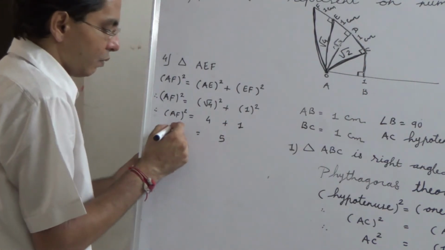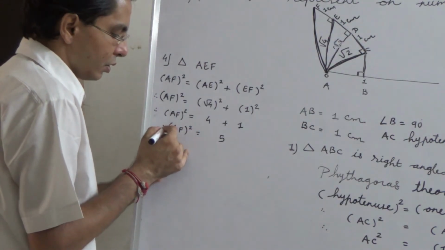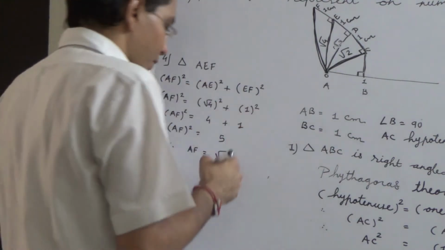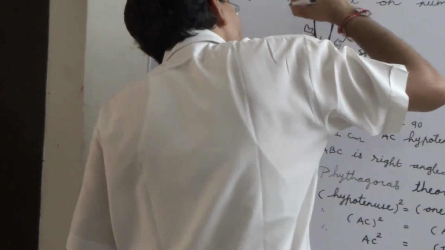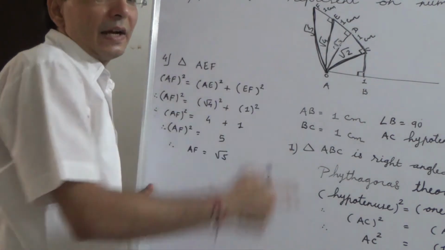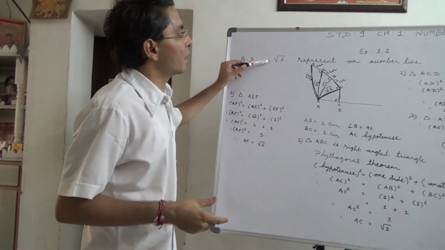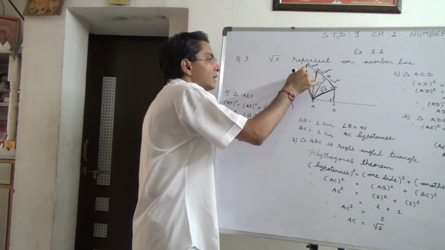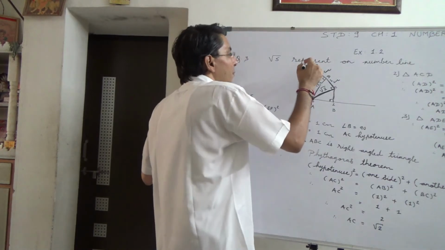So 4 plus 1 is 5. So AF square is equal to 5, so AF is equal to square root 5. So the value of AF is square root 5. But our question is to represent square root 5 on the number line.